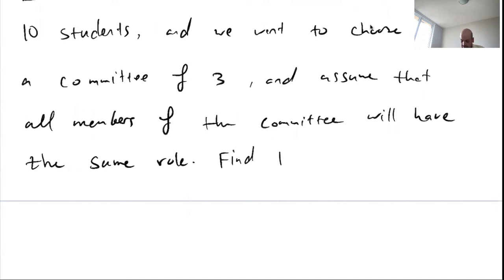Find the total number of ways to choose such a committee.